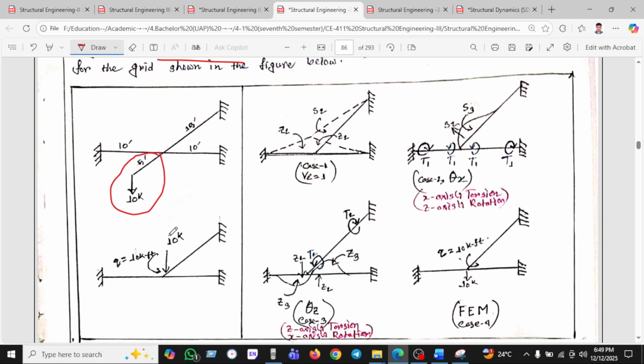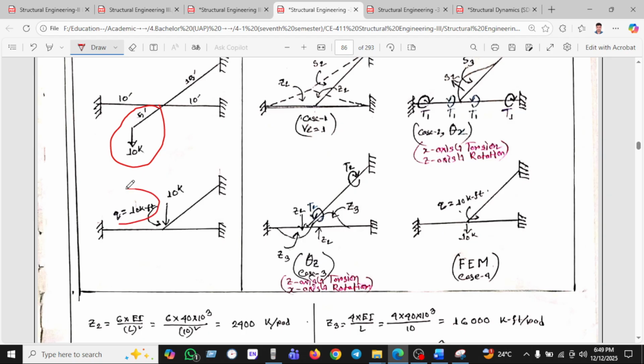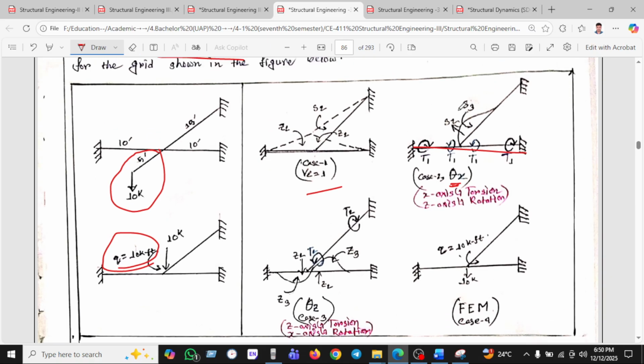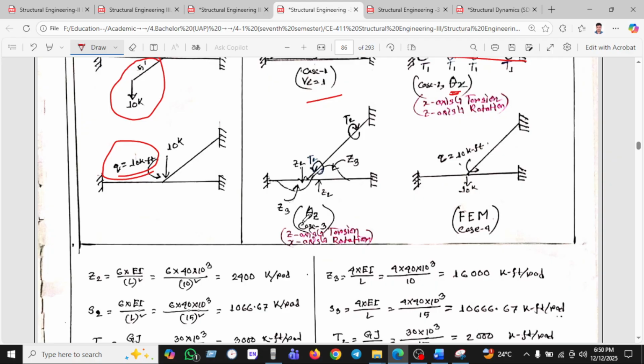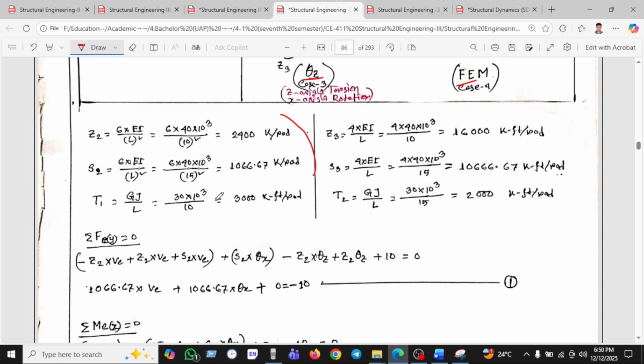We are applying the moment here, and finding case 1, which is the vertical shear, and theta x, that means x direction will be torsion and z direction will be rotation, and theta z, that means z direction will be torsion and x direction will be rotation, and the fixed end moment. After solving this equation and putting all the values here, s2, z3 and t1, JG by L, and z3, s3, t2, and finding all these below.